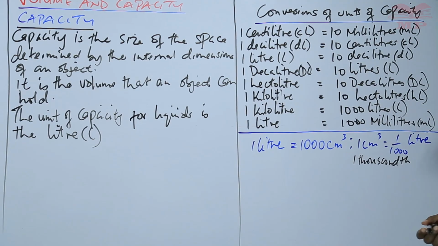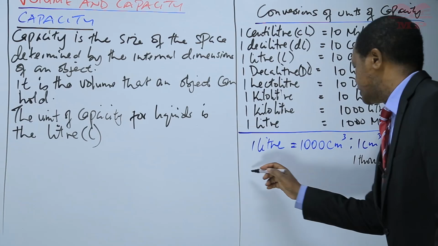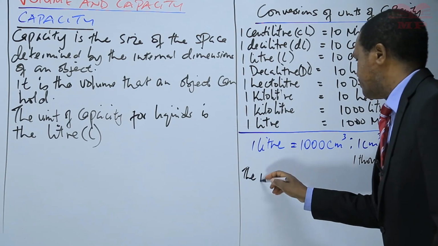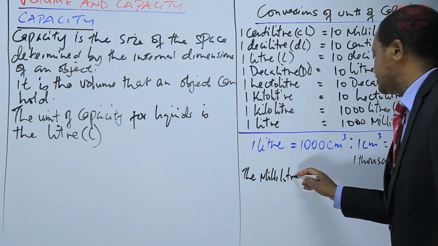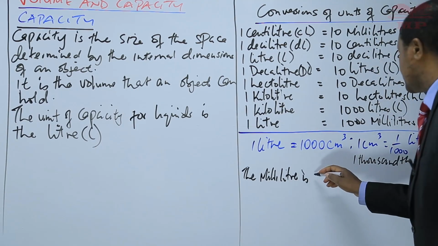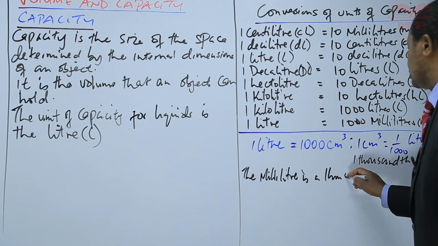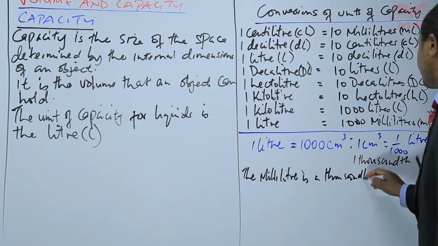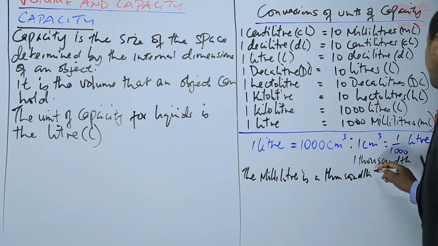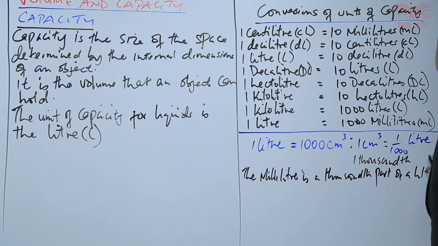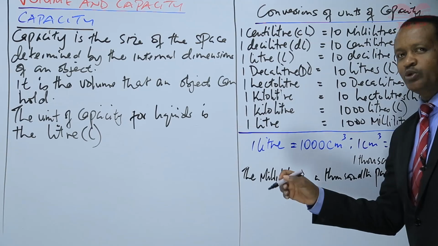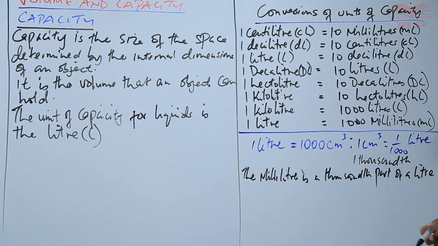And the milliliter, we can also say the milliliter is 1,000th part of a liter. 1 milliliter is 1,000th part of a liter.